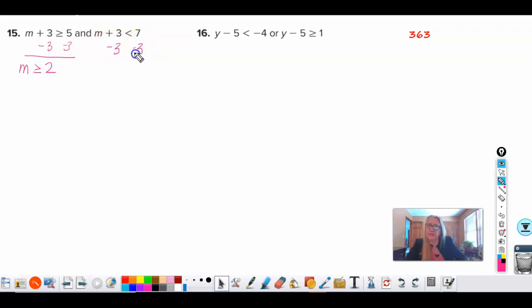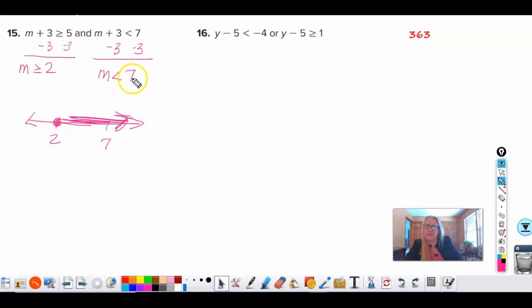Subtract 3 from both sides. And that gives us m is less than 7, okay? Now let's have a look, see what this is going to look like on a number line. We're going to have 2 and 7, so put 2 here, and we'll put 7 here. M is greater than or equal to 2, colored in dot at 2. So it's going to go this way.